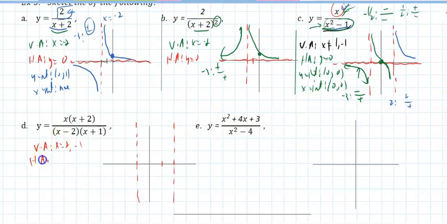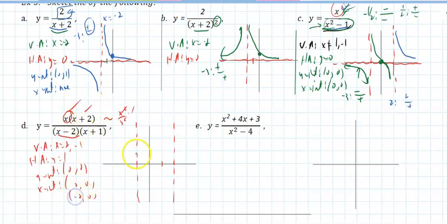Horizontal asymptote, since the degree of the top and the bottom match, the top is dominated by x squared, the bottom is dominated by x squared. That makes this 1. Y-intercept, replace x by 0, you get a 0 because that's a 0. And x-intercept, if you set the top equals 0, that's at 0, and at negative 2.